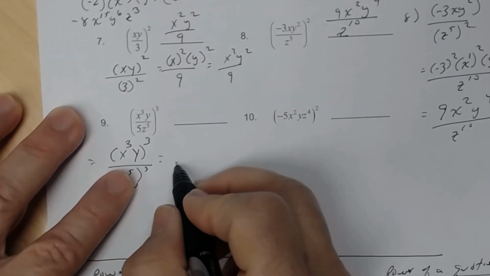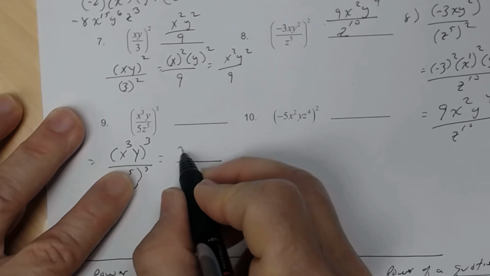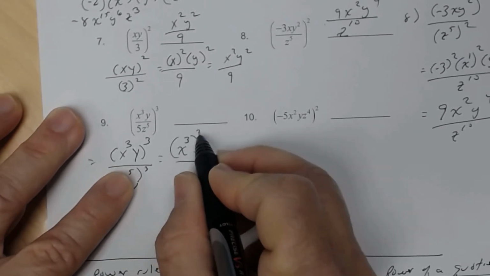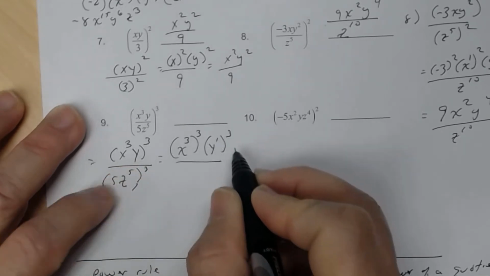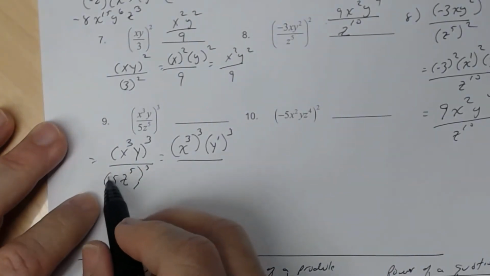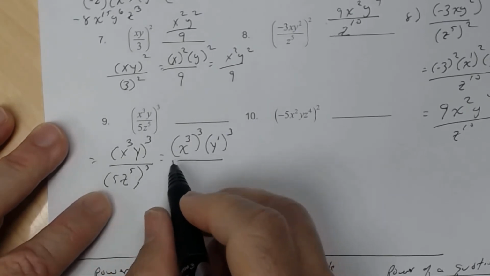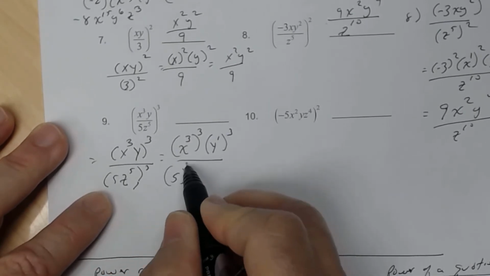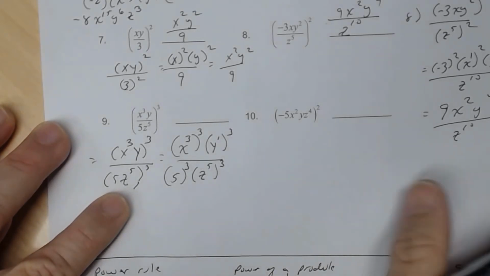In the numerator, you're saying x cubed raised to the third power, and then y to the first raised to the third power, and the denominator, that coefficient you can actually see is 5. It's something other than 1. raised to the third power times z to the fifth raised to the third power.